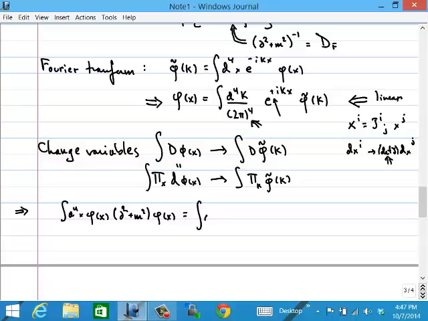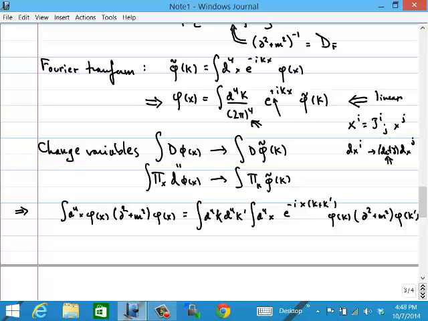So what you get is an integral d4k and an integral d4k prime, and an integral d4x. We get those two Fourier transform factors, so we get an e to the minus i x times (k plus k prime). And then we get a phi of k and a (d squared plus m squared) times phi of k prime.